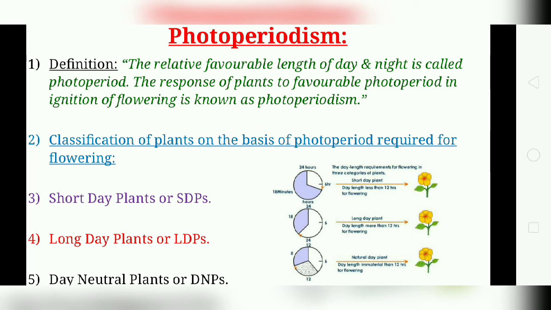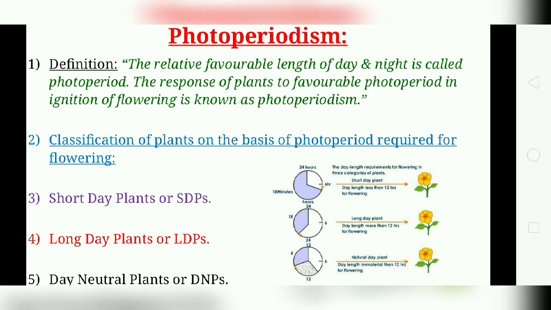The quality and intensity of light have a profound influence on a variety of physiological processes like photosynthesis, growth and development. Similarly, the length of the daylight period, that is the duration of light, has a marked influence on plants, particularly flowering.